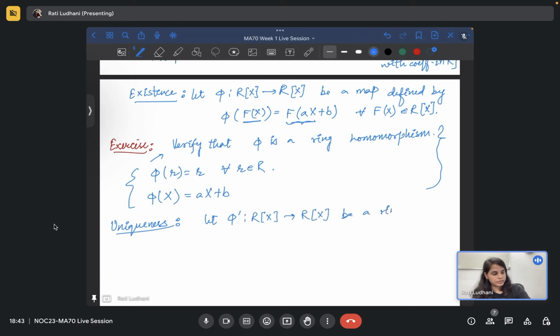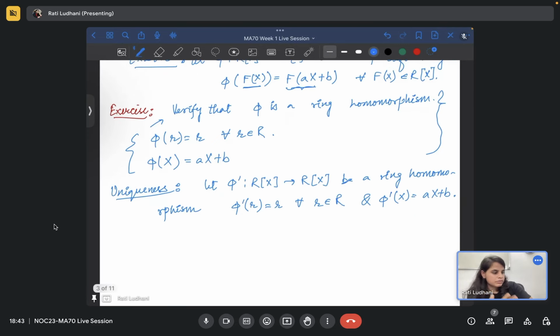Now we don't know what it does on other elements, but we know that phi dash of r is equal to r for all r belonging to R, and phi dash of x is equal to ax plus b. So we just consider that phi dash satisfies these two properties, and this is a ring homomorphism. And we already have our phi which we constructed.